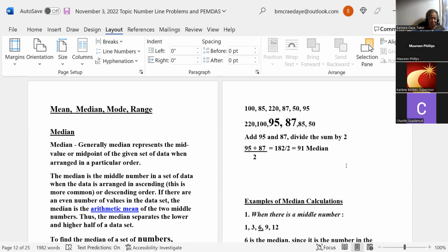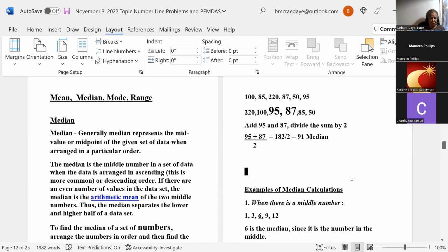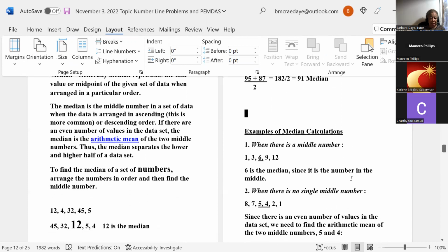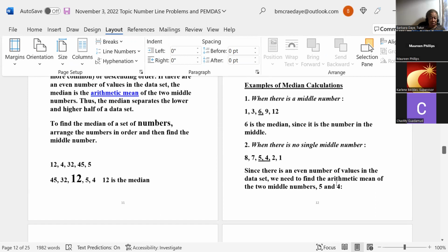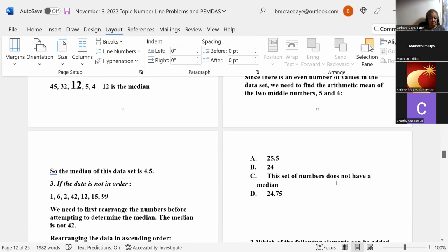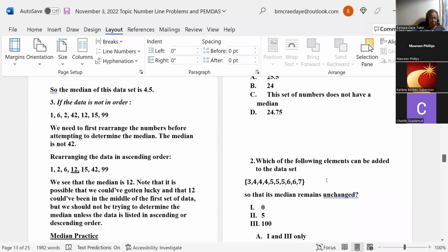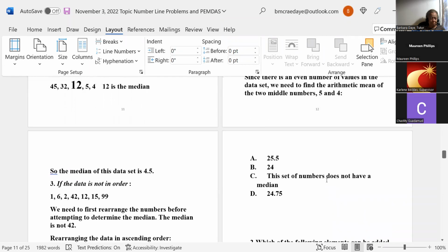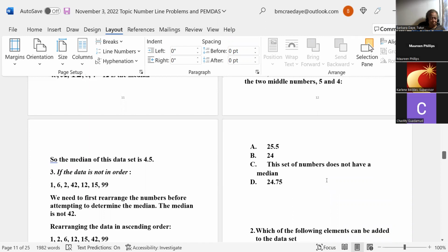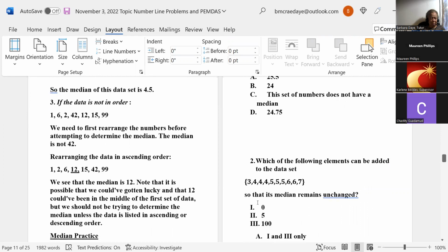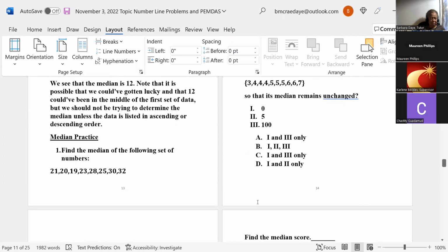They don't have to be in order for the mean, but they must be in order for the median. And actually, they should be in order for the mode, because what is mode? The mode is where you got more than one of a number, like if you got three 12s, two 12s.